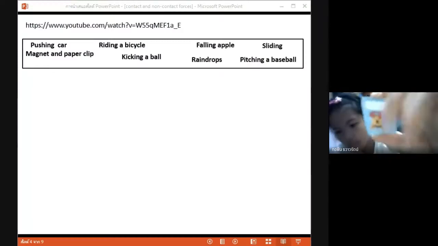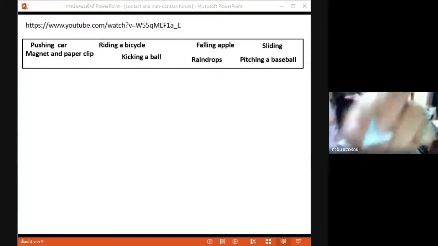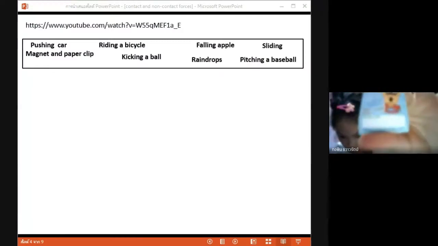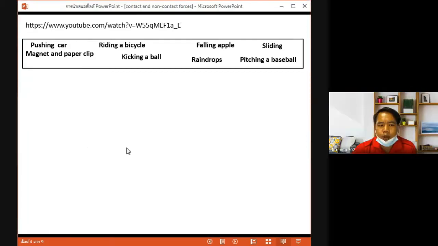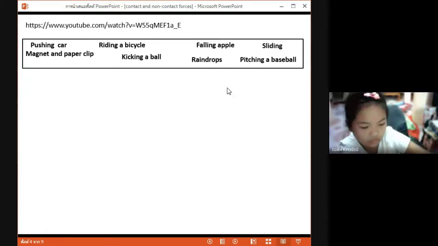Oh, who is that? Buddy, what are you doing? It's so cute. Okay, so we have here the examples. Oi, buddy, what are you doing?